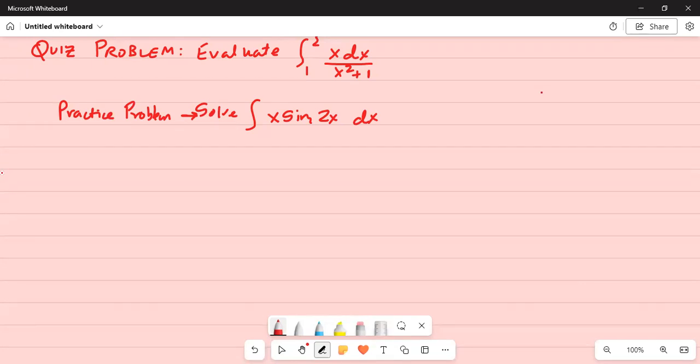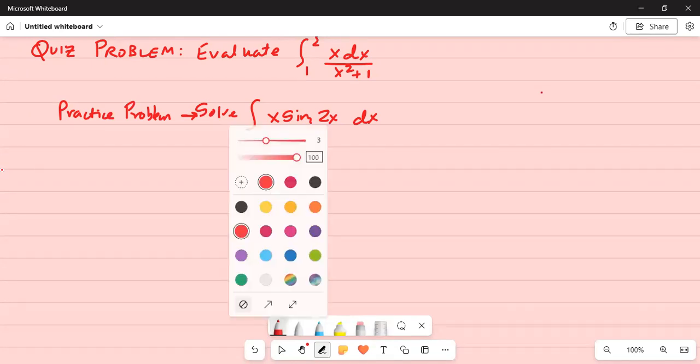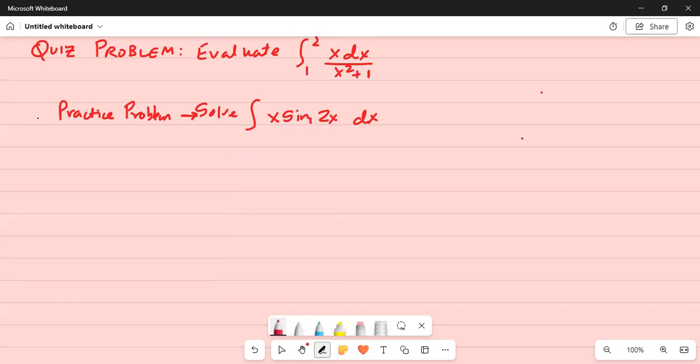So here we have to use integration by parts. Give a thought to how you can use integration by parts to solve the quiz problem.